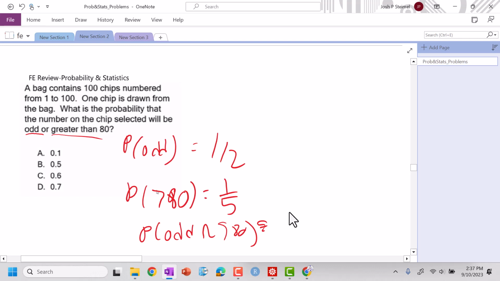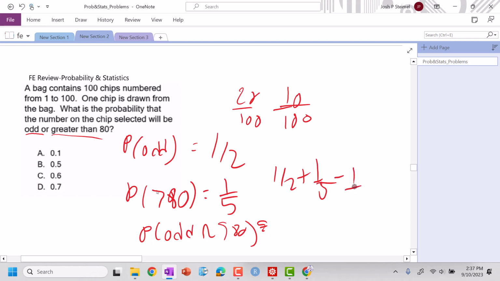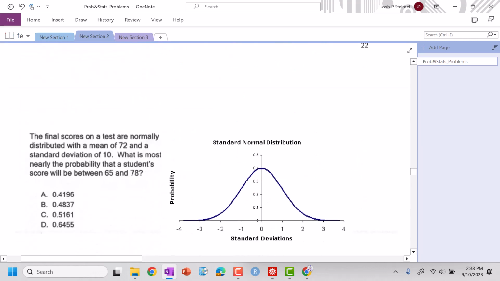Instead of a fifth, you would have to look at half of that, right? So instead of 20 possibilities out of 100, it'd be 10 out of 100. So it'd be basically 1/10. So 1/2 plus 1/5 minus 1/10. There you go, which would be 0.6, which is right here. Excellent. All right, let's keep on moving.